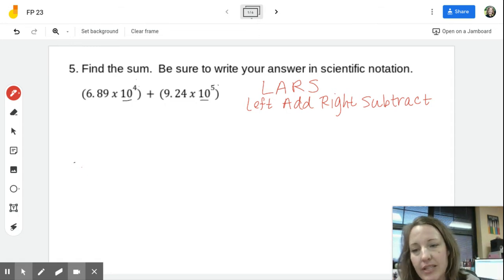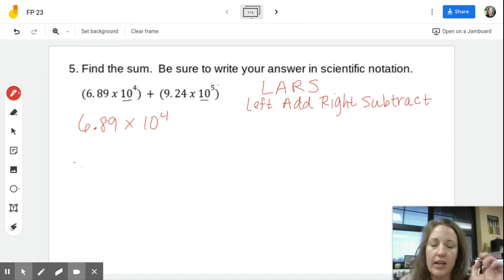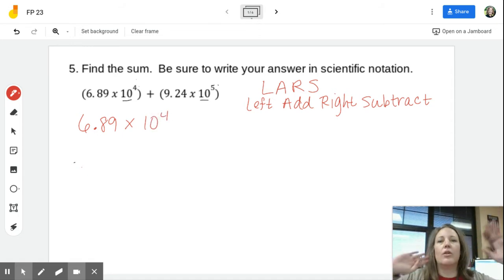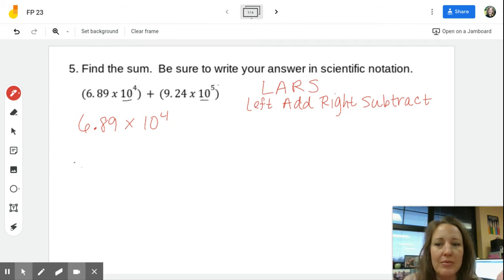If I'm going to take this number, 6.89 times 10 to the 4th, and I want to increase that exponent, so I'm multiplying it by another power of 10, and I don't change where that decimal point is, then I'm just changing that number altogether.